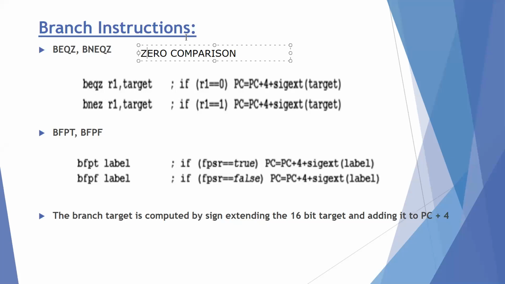This instruction is going to check the contents of register R1. This is just like an if then else statement for a C or C++ code. If true, then branch, else it is the next instruction in the sequence, right? I'll just take an example for you.